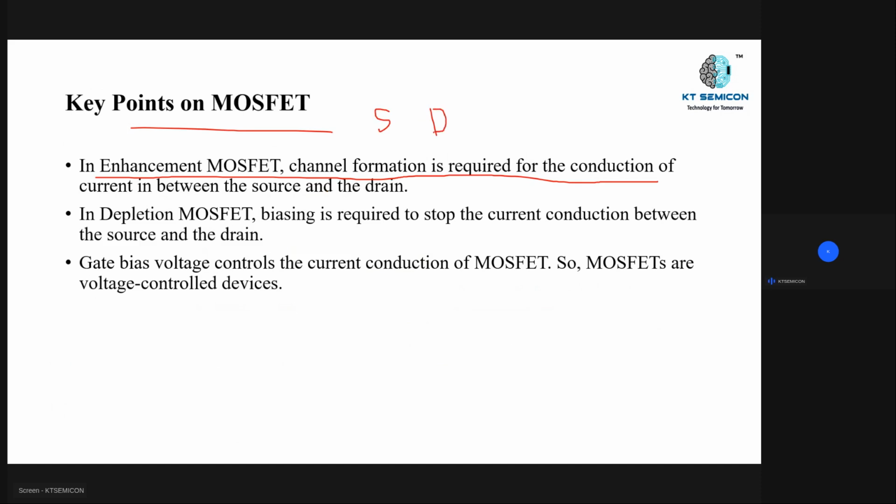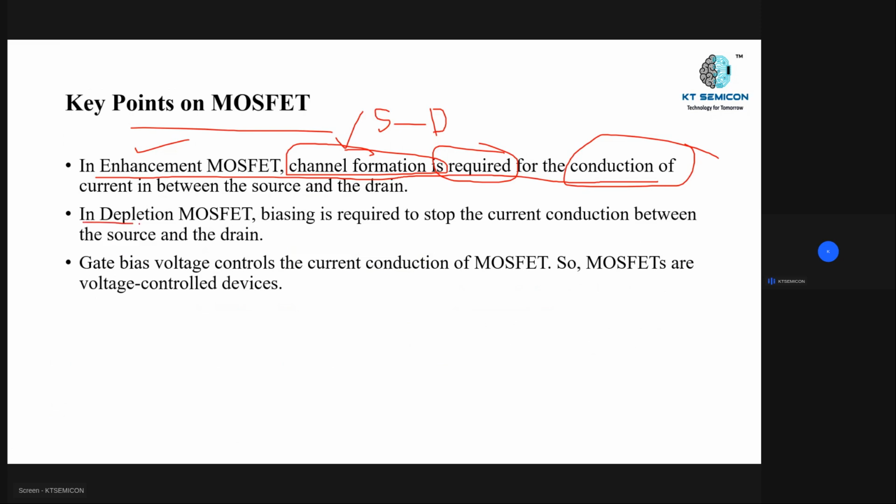If I want to conduct current, then we need to create a channel. Why? Because before that we don't have any channel between my source and drain. That's why, if I want conduction of current between source and drain, we need to make a channel. So this is the enhancement MOSFET.